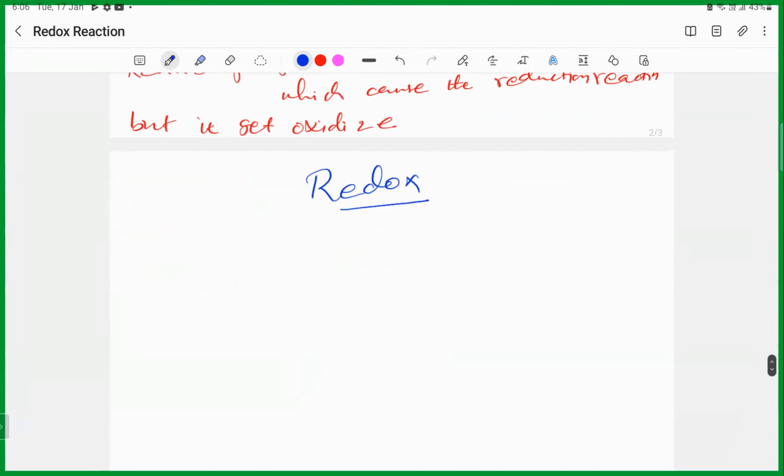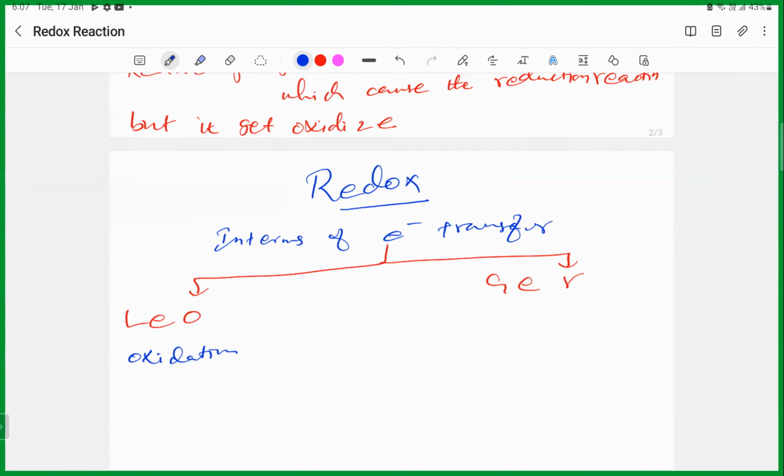Oxidation is defined as a process which involves loss of electrons by an atom or ion. The loss of electrons results in an increase in the positive charge or a decrease in the negative charge.